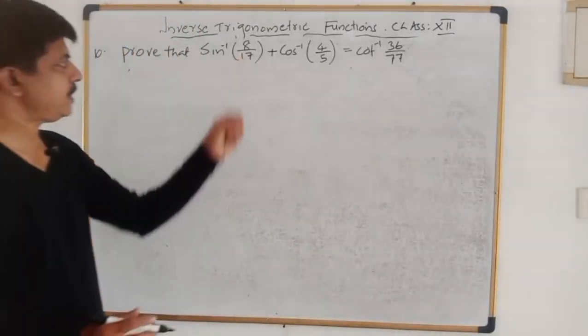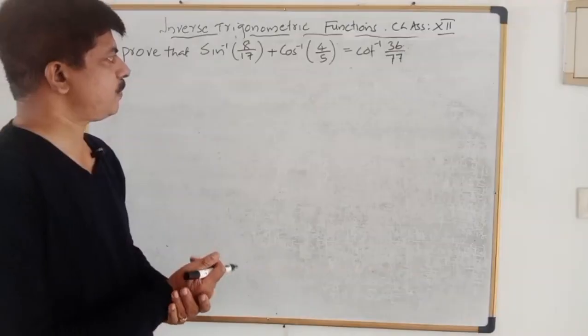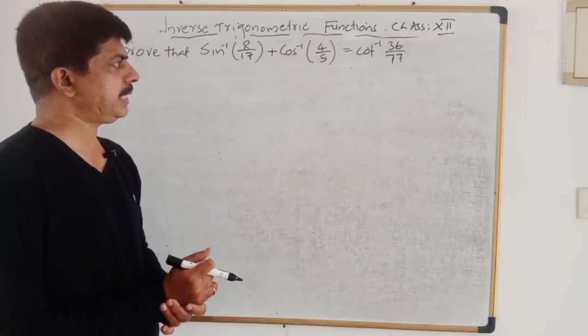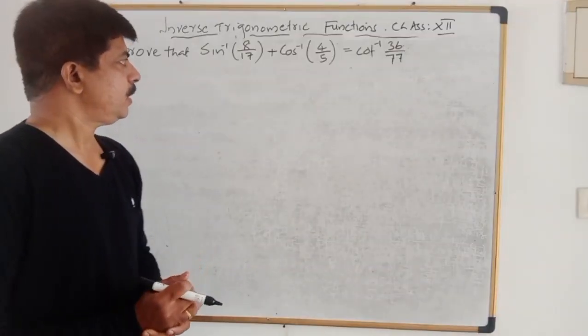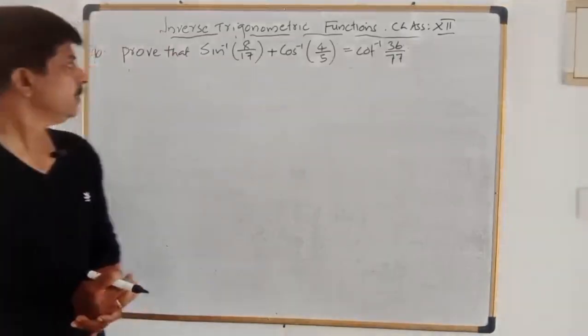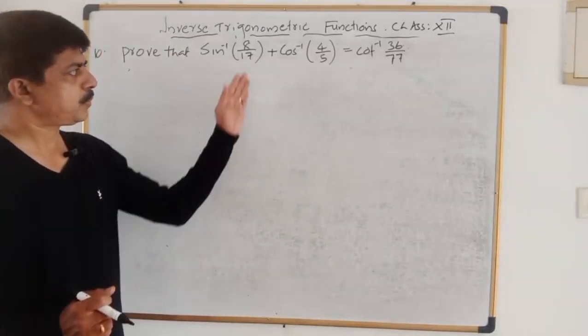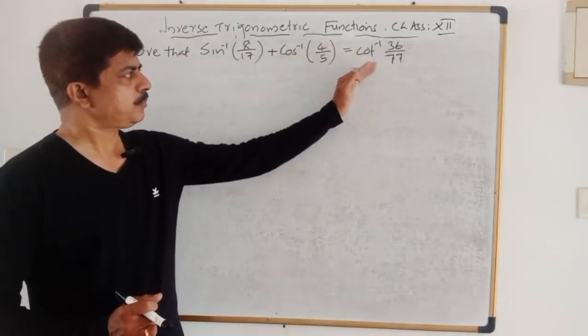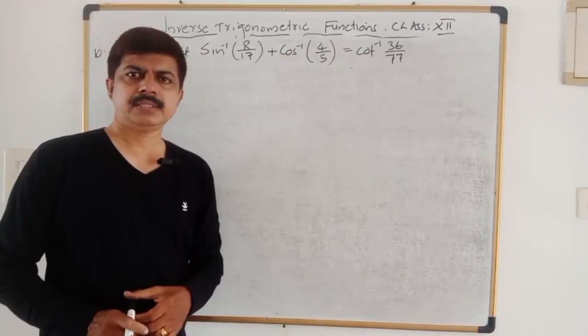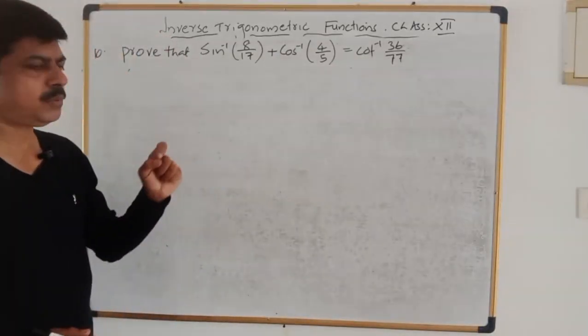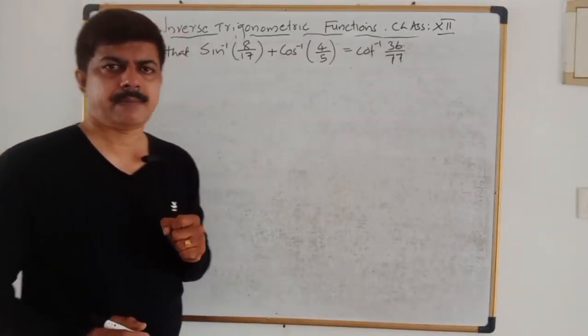Prove that sine inverse 8 by 17 plus cos inverse 4 by 5 is equal to cot inverse 36 by 77. To solve this question, we need to prove cot inverse 36 by 77. To prove this, we need to do some substitution.